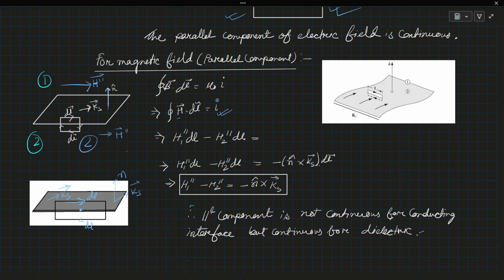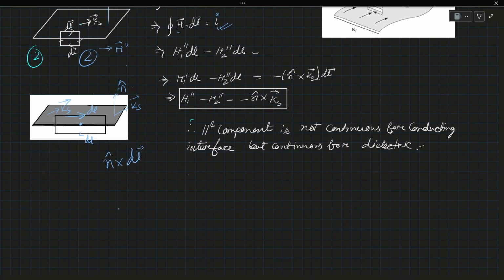Now if I take n cap cross dl, as we know, the cross product of two vectors gives another vector which is perpendicular to the plane containing both these vectors.